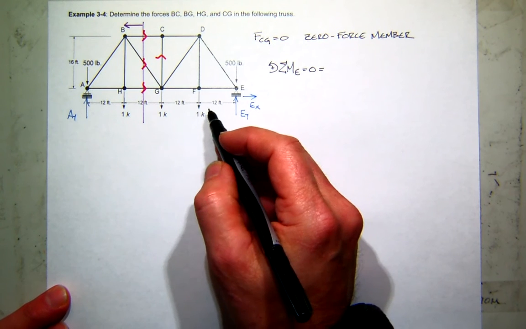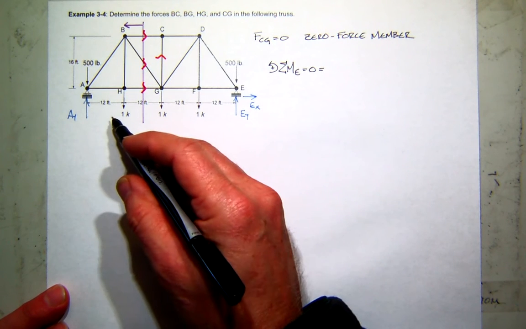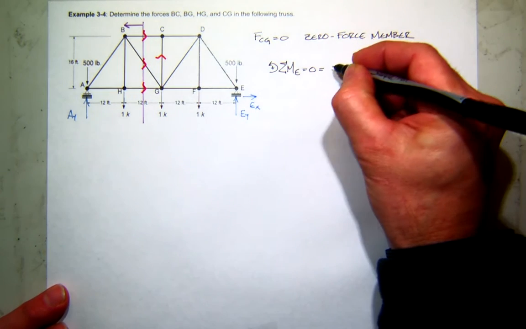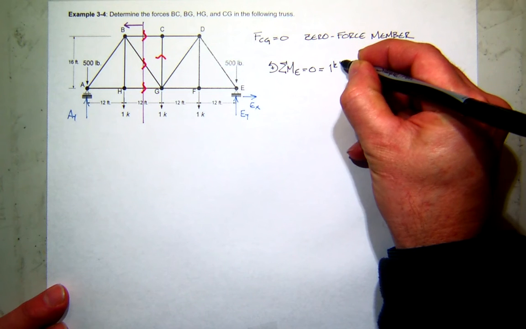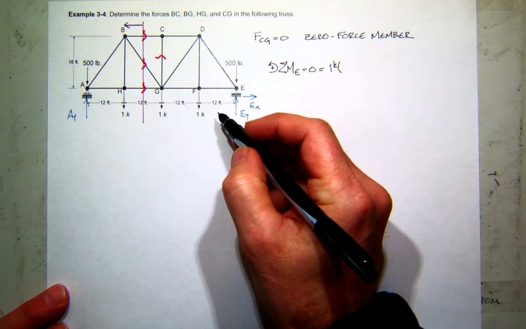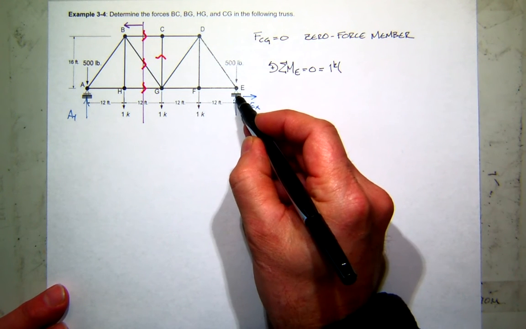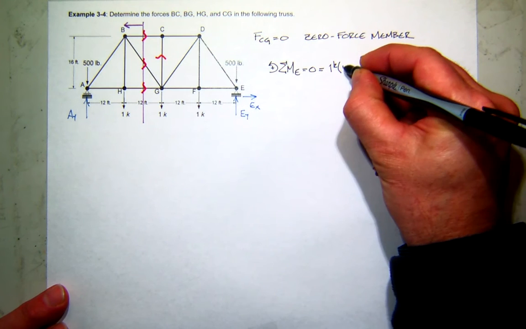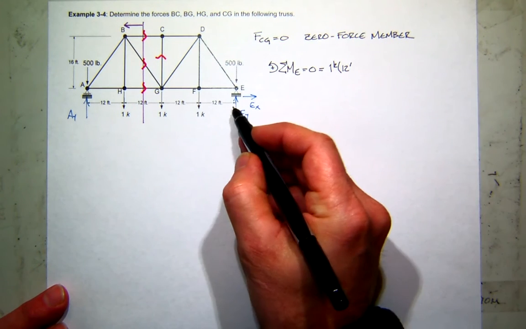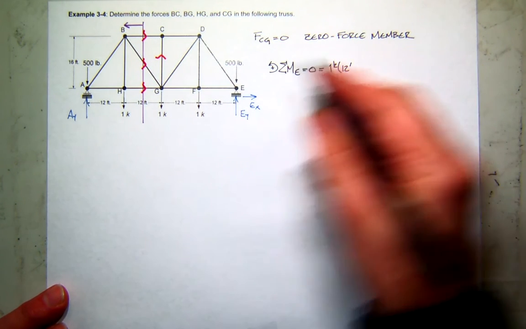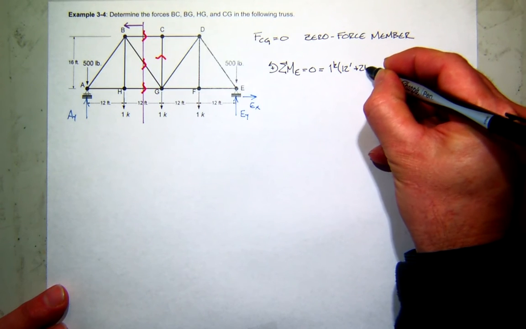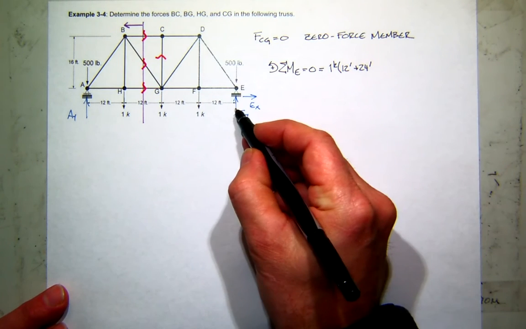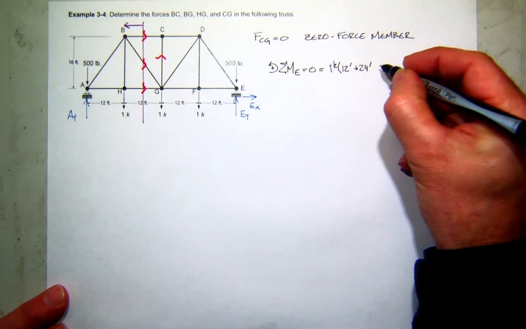And these first three, 1 kip, 1 kip, 1 kip, all have the same magnitude. So I'll write 1 kip. But then I'm going to write the moment arm of each one. The first one from E to there is 12 feet. The second one is 24 feet. The third one is 36 feet.